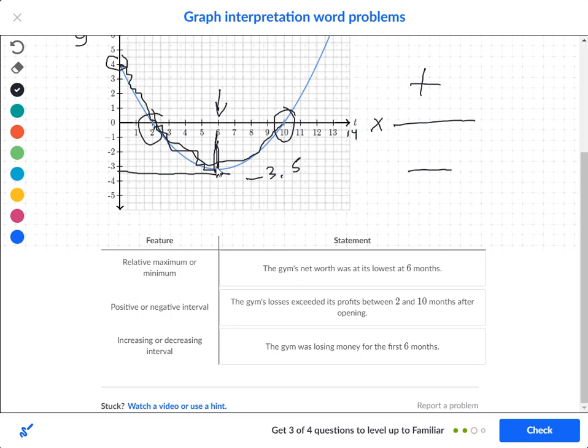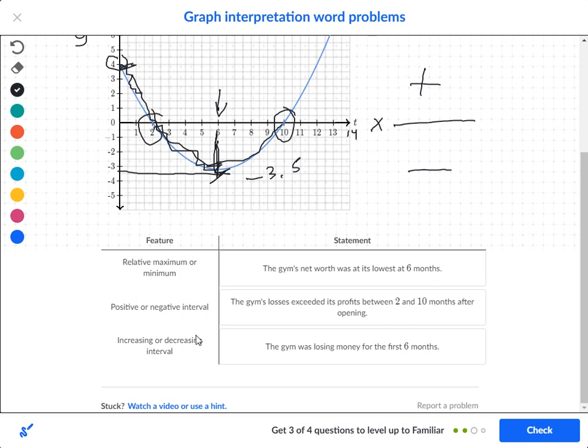Now a decreasing interval can be a mixture. Notice above this line was our positive, below the line was a negative. So when you're doing an increasing or decreasing interval, you look at the whole thing. It starts here, it ended up here, and the whole thing was going down, even though part of it sat in the positive and part of it in the negative.